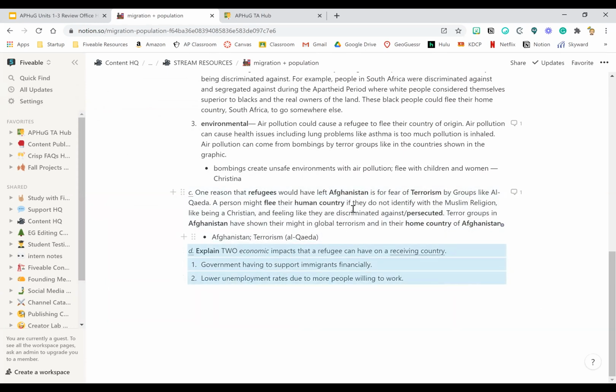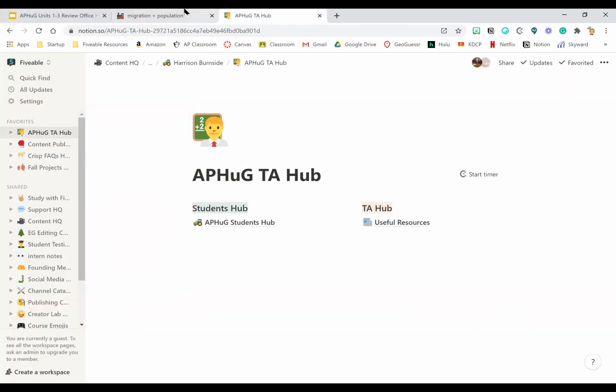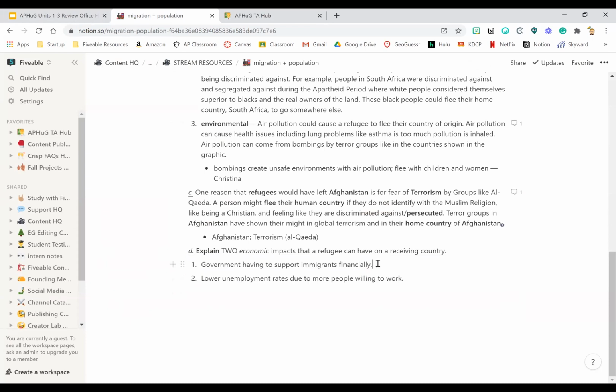Okay, so 2 economic impacts that a refugee can have on a receiving country. So government having to support immigrants financially would be immigrants in terms of taxes and stuff. If anybody can come up with a better reason, which I know you can because this one's super weak, give me something else.